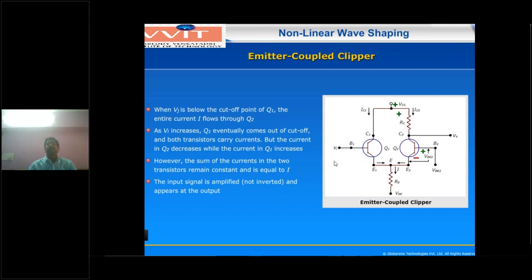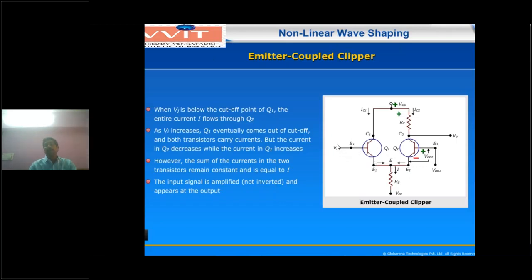Now the input voltage increases. Input voltage increases means Q1 goes from cutoff to the active condition. Then current flows through IC1, base 1, and IE1. For example, the total current previously is I equal to 10 milliamperes. That means IE2 equals 10 milliamperes, which equals I, with Q1 in cutoff.